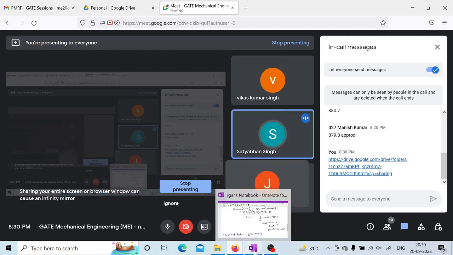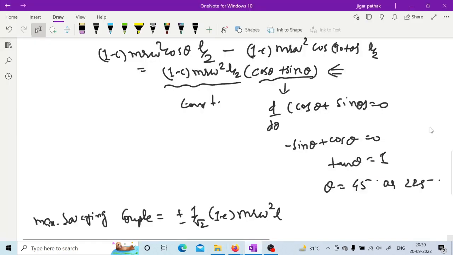Sir, in that equation it was sin theta plus cos theta. Yes. Then will it be root 2 into (1 minus c)? Sorry, sir, instead of 1 by root 2, will it be root 2 or the same?